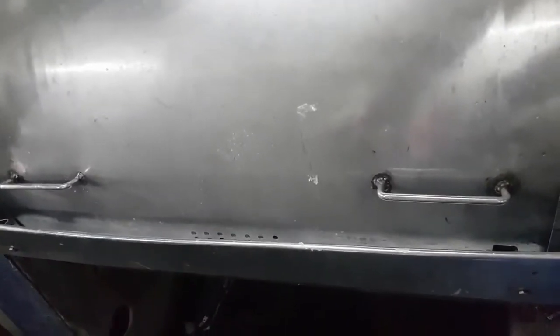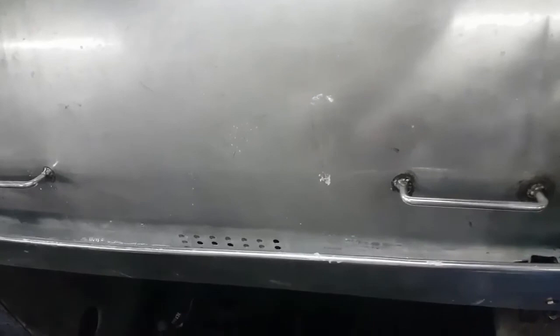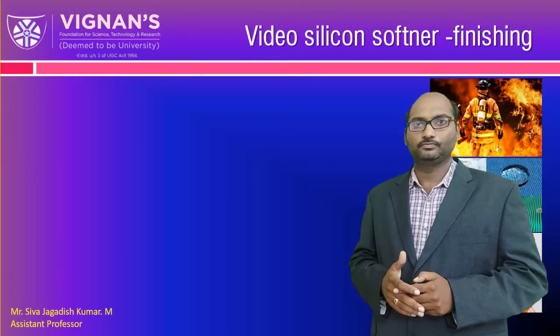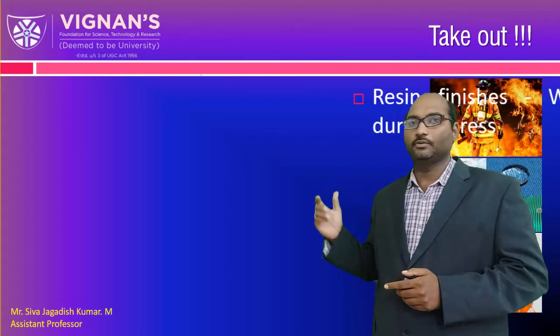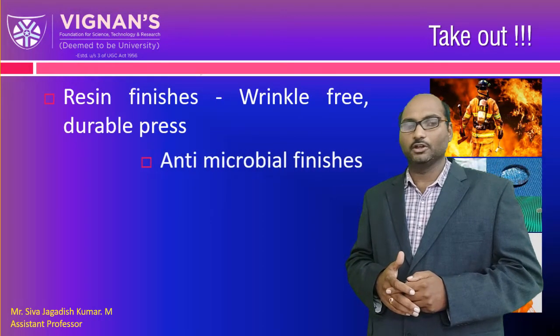After this, the garments will be washed again in plain water so that whatever leftover silicone or softener is in the garments gets washed away. I hope you saw the white compound which is added. That is nothing but the silicone softener.